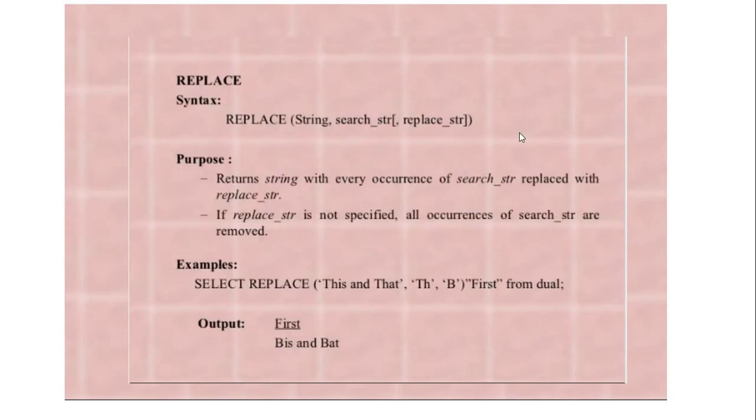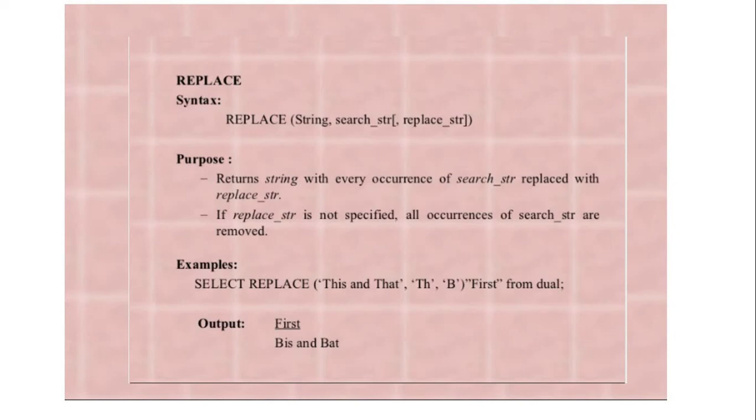Then the next function is replace, and it takes 3 parameters: the string where we have to search something, the second parameter is the string which we want to search, and the third one is the parameter which we want to replace the search string with.